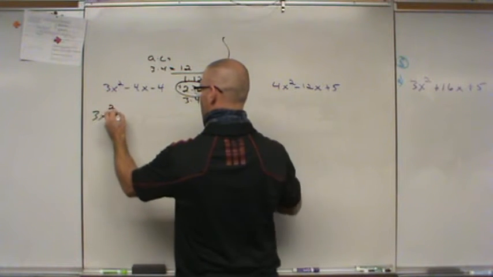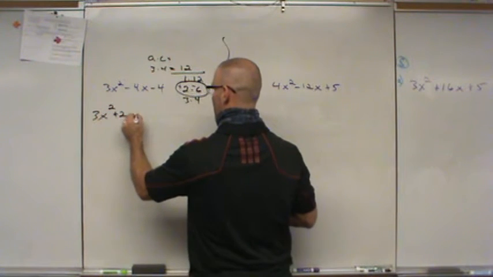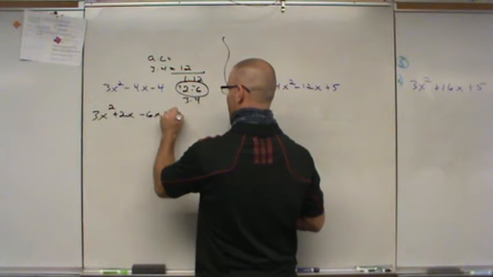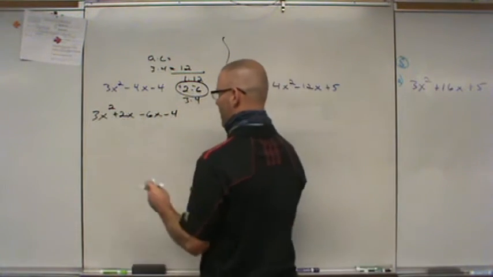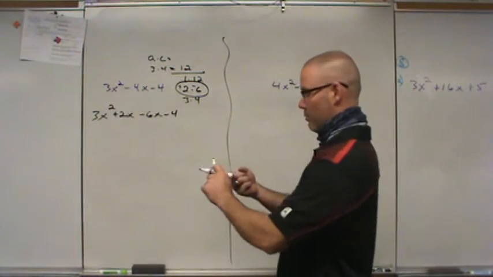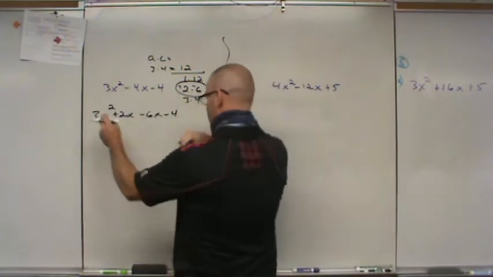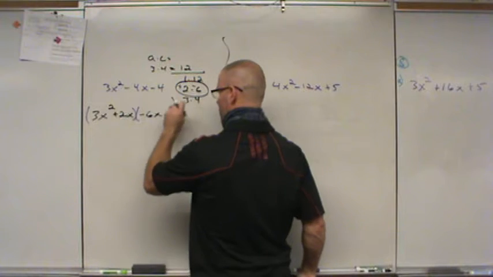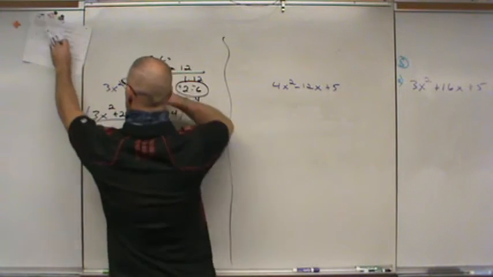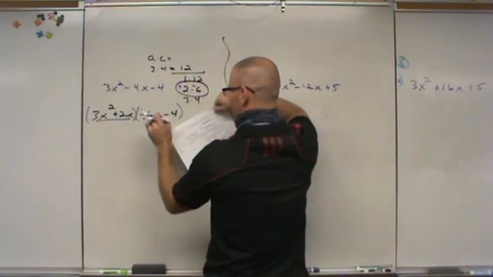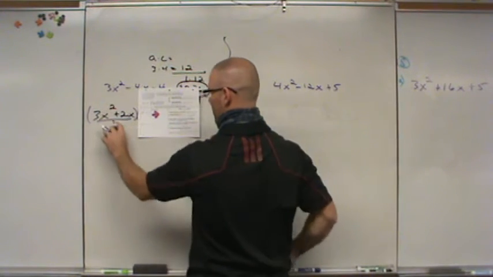So 3x squared plus 2x minus 6x minus 4. Again, no different than what we've done before. This step, group, GCF. So we're going to group the first two terms and last two terms, and we're going to take out the GCF of each one. And if this gets a little bit cumbersome for you, just cover this up and look at this.